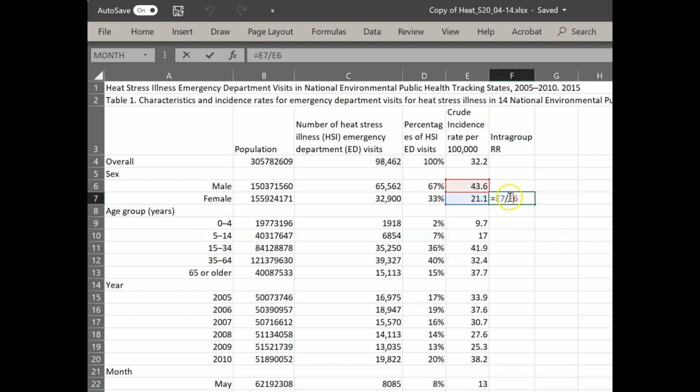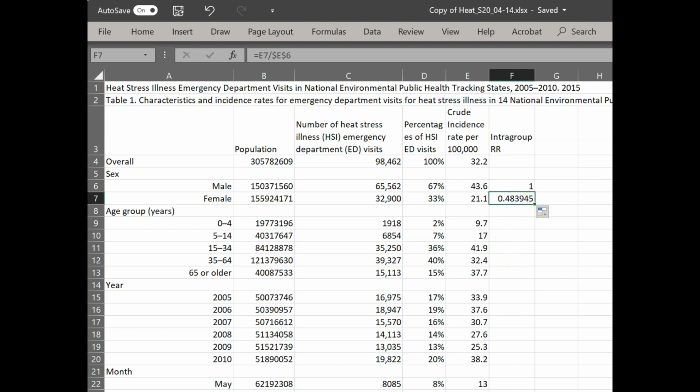So that means that this should be the same, so I can add the dollar signs in front of it too, right? And what that does is it allows me to then copy the formula to the next one. So this one makes sense because we're using the same group. We're looking at, in this case, males compared to males, which sounds funny, but it's going to make more sense when we have more categories within a group.